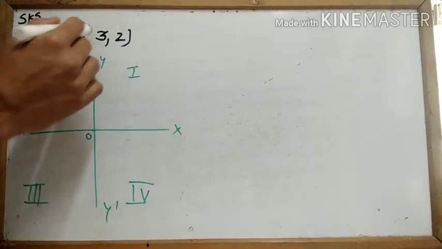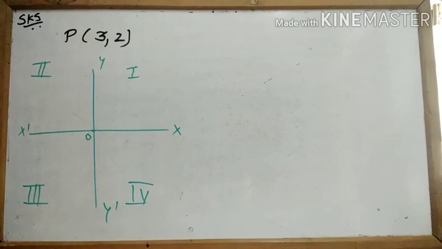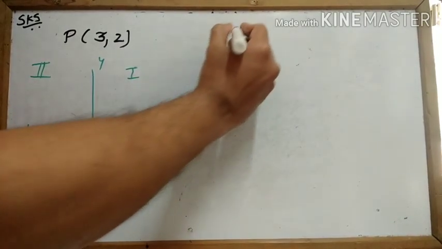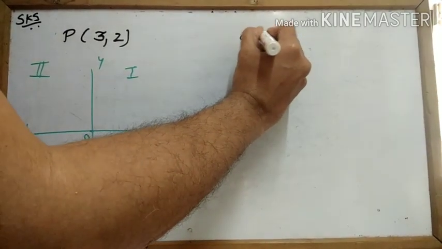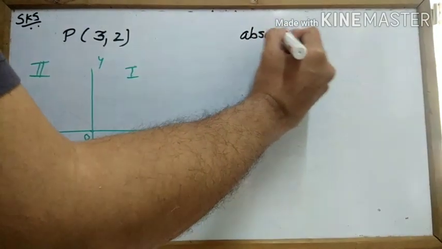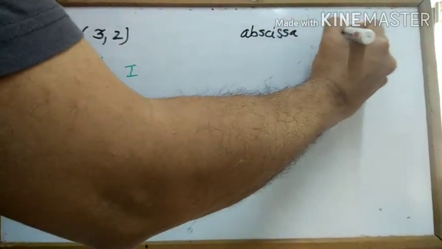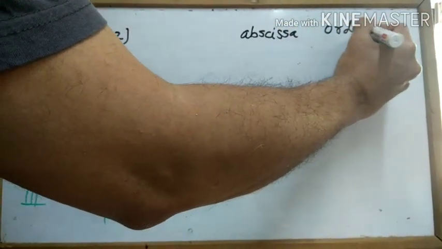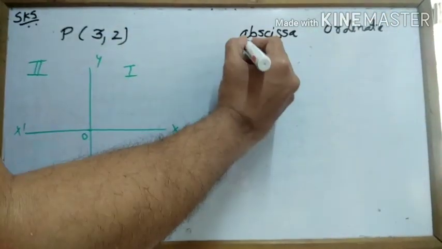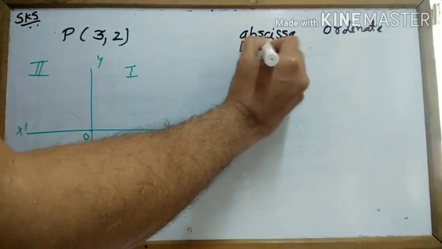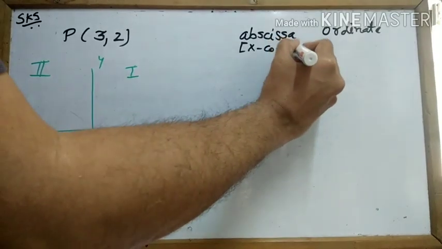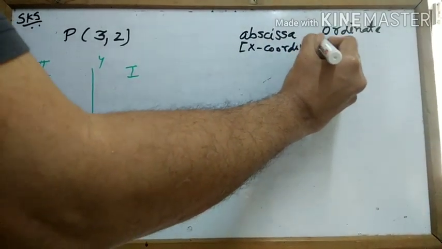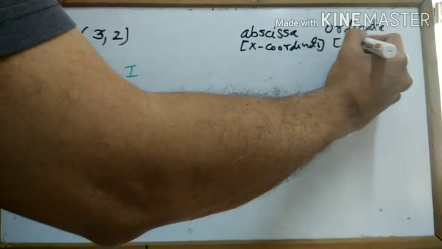Now, if I look at point P, then it has two coordinates. One type of coordinate is called the abscissa and the other is called the ordinate. Abscissa is nothing else but the x coordinate and ordinate means the y coordinate.